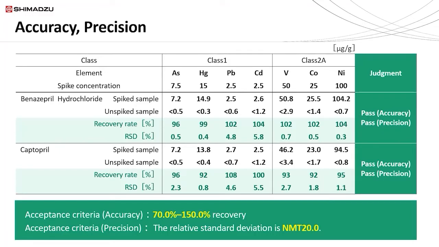We also did multiple runs, so we have an RSD and a recovery rate. And we had to show that that recovery at half of the specified value was within 70 to 150%. And that also, the precision criteria is that the relative standard deviation is no more than 20. You can take a look from the data for both of the APIs, the accuracy and the precision criteria, for lack of better words, passed with flying colors.